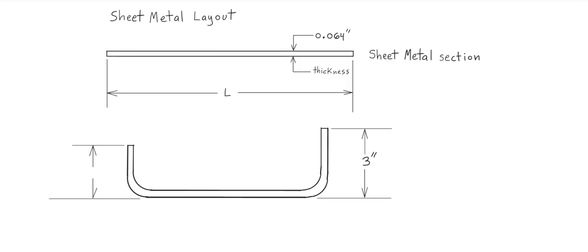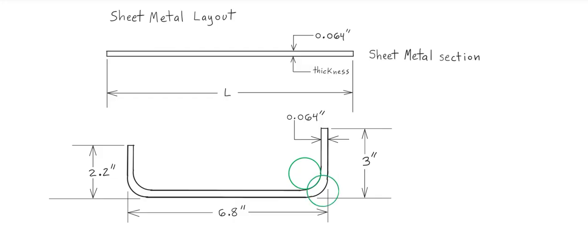And so you go to the shop drawing, and the mold length line, or the finished length, on the upper right side is 3 inches, the right side vertical, and then the mold length line 1 on the left side, the left altitude is 2.2 inches, and then the base mold length line width finished length is 6.8 inches. So that's what you have to convert the sheet metal section into.